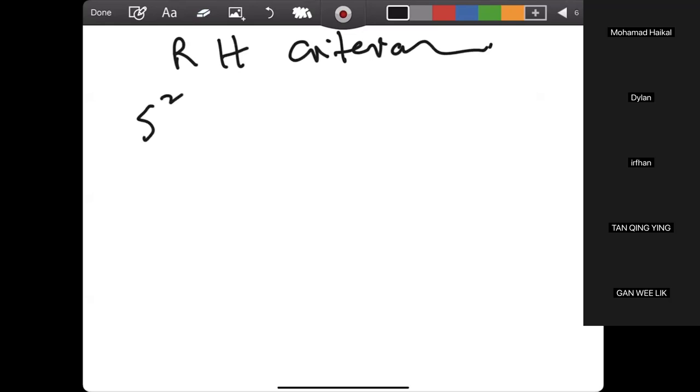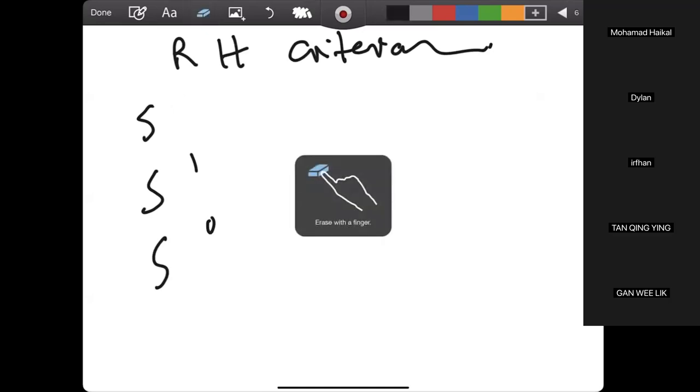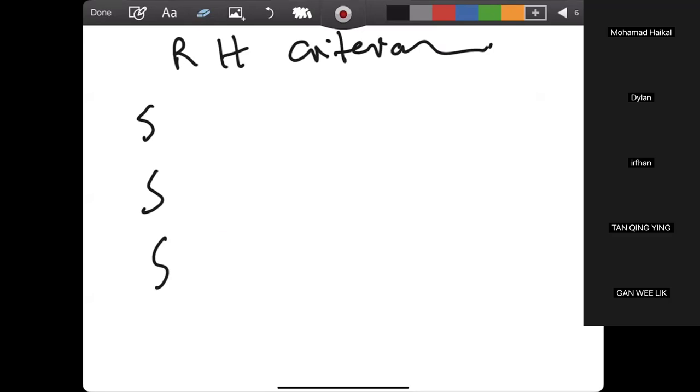S squared, s cubed. This one, okay. So 1.